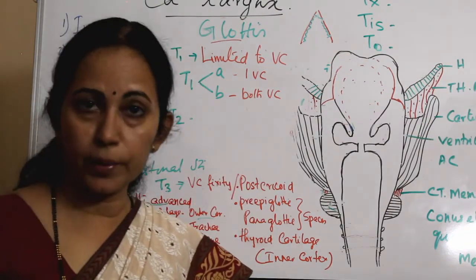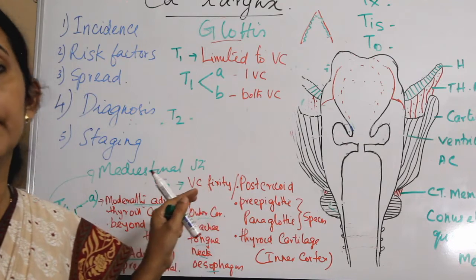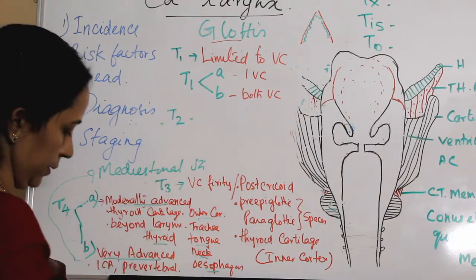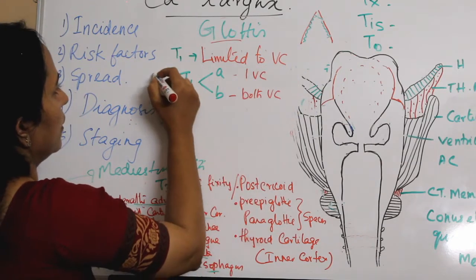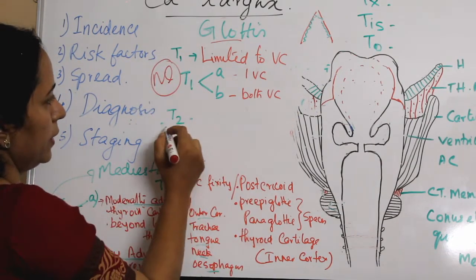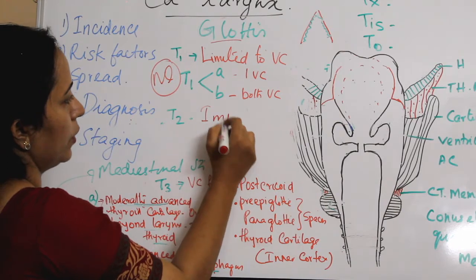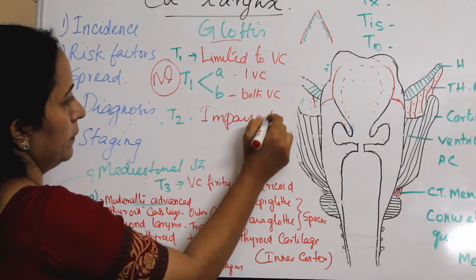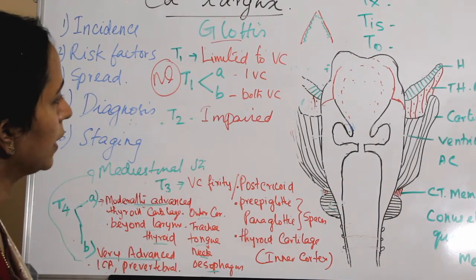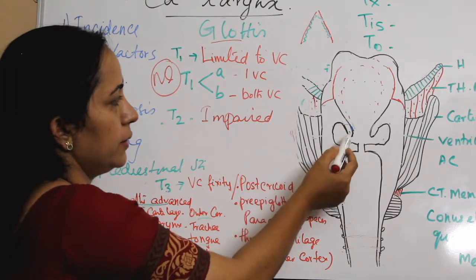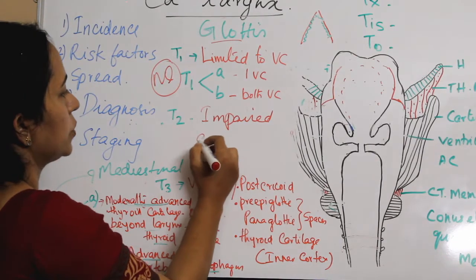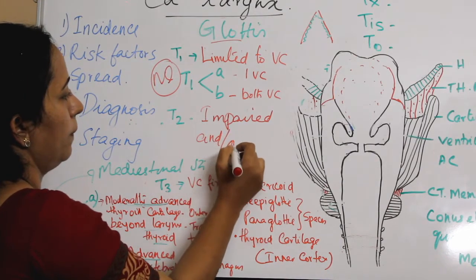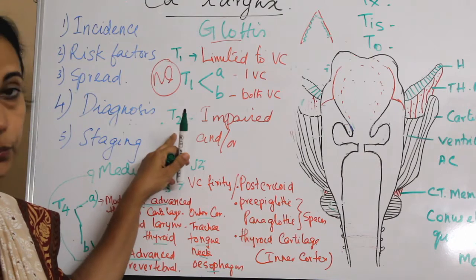T1 is with a normal vocal cord mobility, T2 is impaired vocal cord mobility. Okay, that is normal vocal cord mobility. T2 is impaired vocal cord mobility or restricted mobility, and with either the involvement of supraglottis or the subglottis, and also this and or is coming in T2.